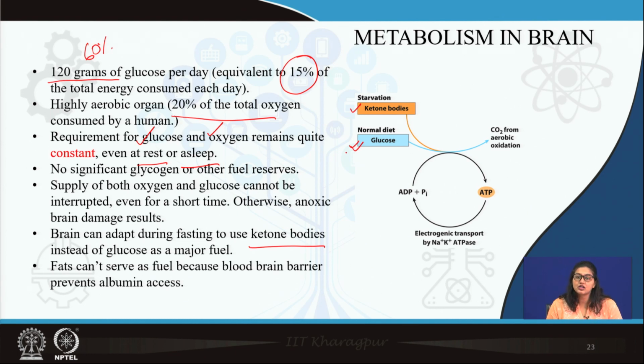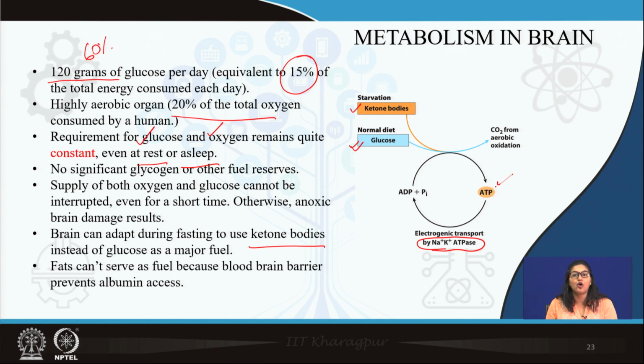And why is this required? Remember, the nervous system is the connection to all the functions in our body, and that is done via transmission of the electrical impulses which are generated in brain. For that, one very important transporter is sodium potassium ATPase, and this transporter is based on the constant availability of ATP.